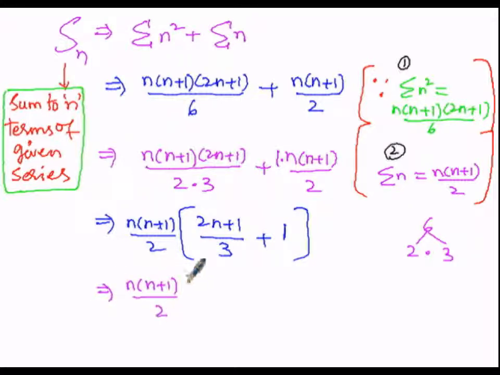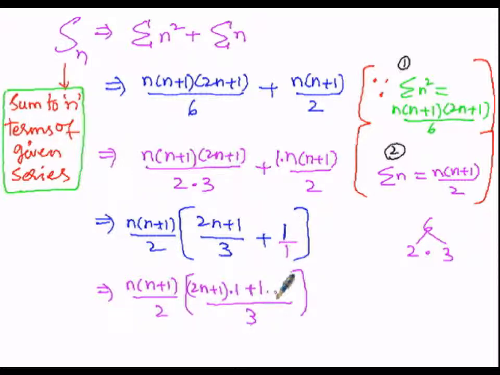Then here I want to take the LCM as 3. The denominator will be 1 here. Then 3 and 1, the LCM is 3. When this LCM is divided by this denominator 3, the number of times is 1. So here the numerator 2n plus 1 must be multiplied with 1, and 1 times 3 is 3. So here plus numerator 1 is written as it is.